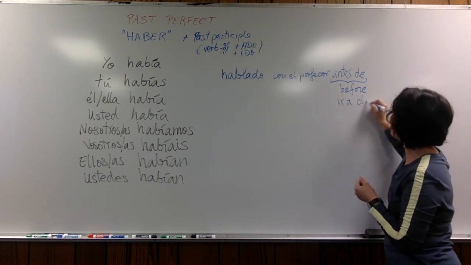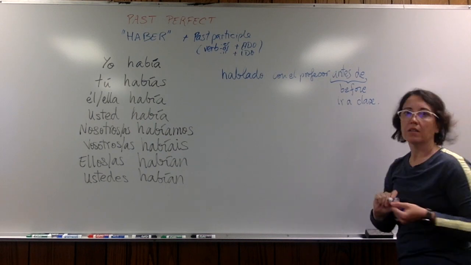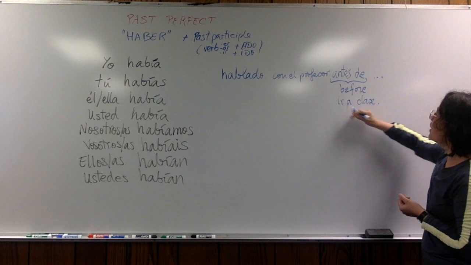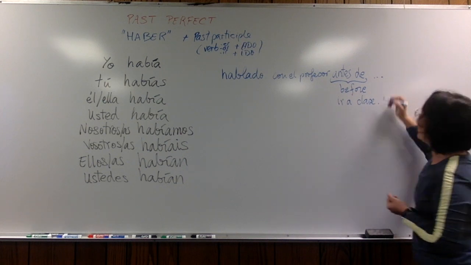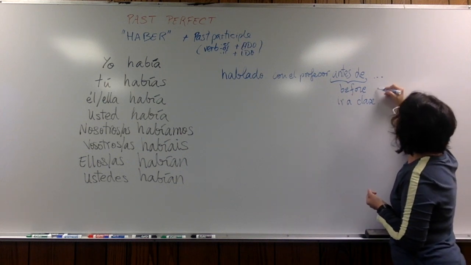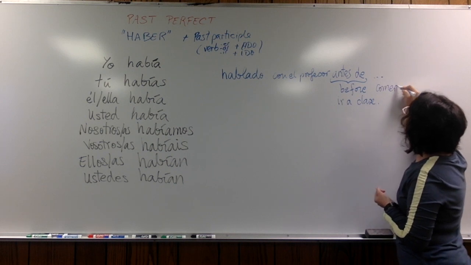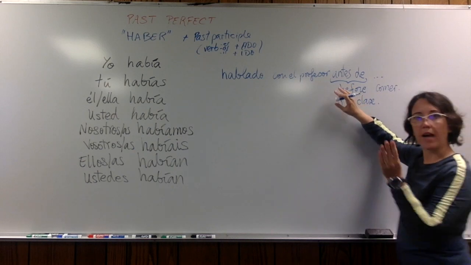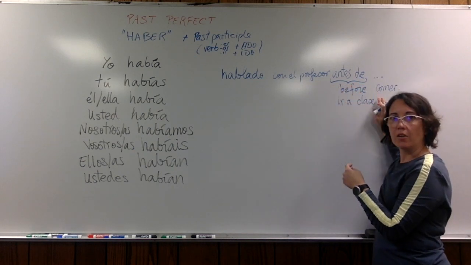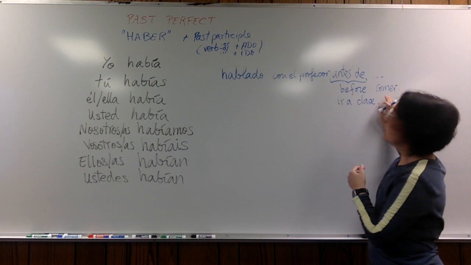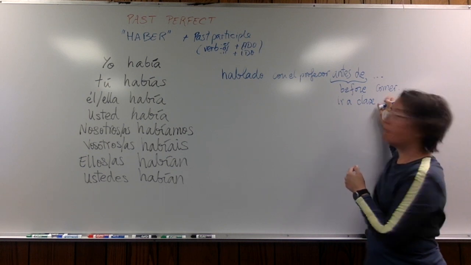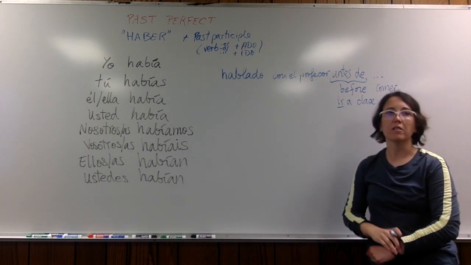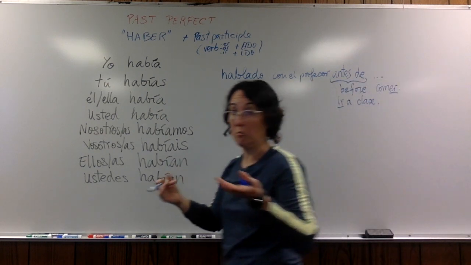Antes de ir a clase, before going to class. So antes de can be ir a clase or antes de comer. Notice that after antes de, you're going to have to use an infinitive. Comer, ir, bailar. I had spoken with a professor before dancing.